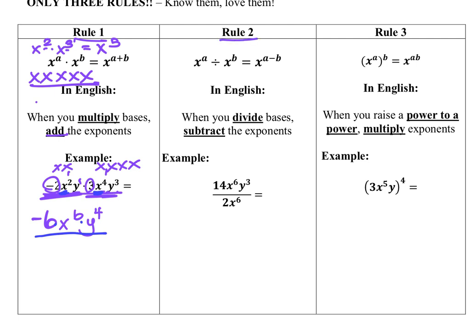All right, let's look at rule 2, and we'll go a little faster. This is x to the a divided by x to the b equals x to the a minus b. So when you divide bases, you subtract the exponents. Oftentimes when we're dividing, we're going to write it x to the a divided by x to the b.